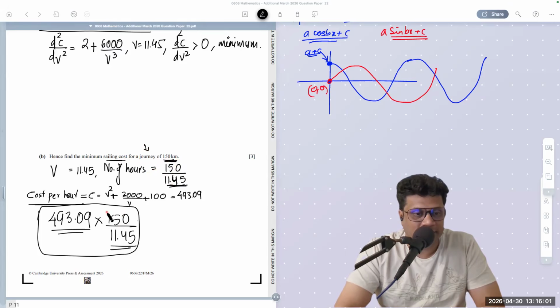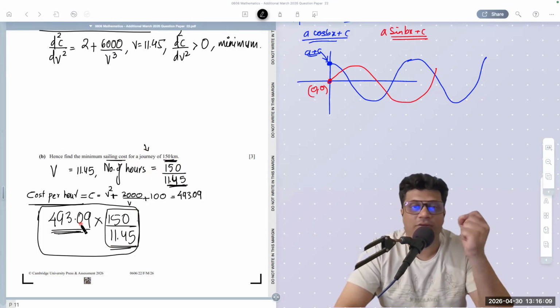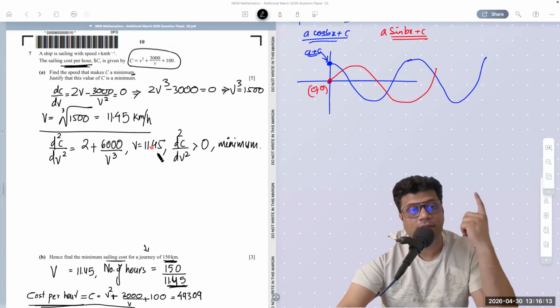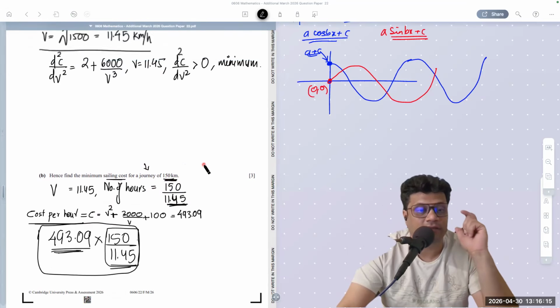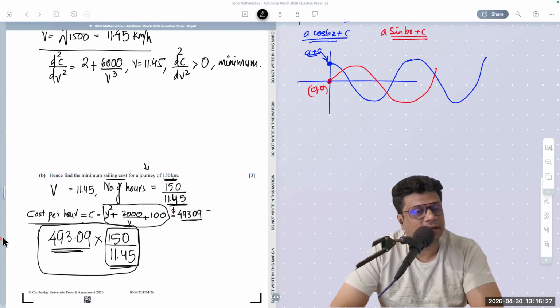So there it is. And then you multiply that with the cost for 1 hour of travel, the minimum cost per hour. $493 comes from this one. If you substitute 11.45 here, you come to these many dollars spent per hour, minimum.